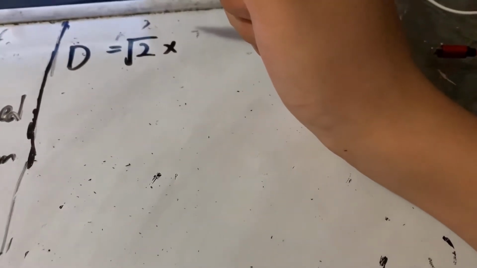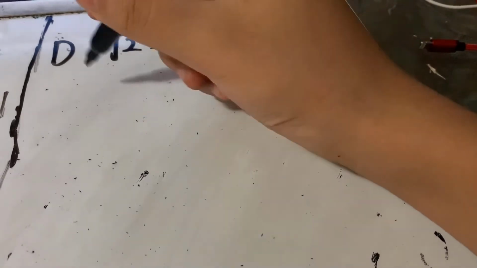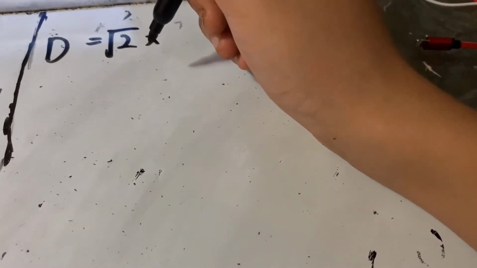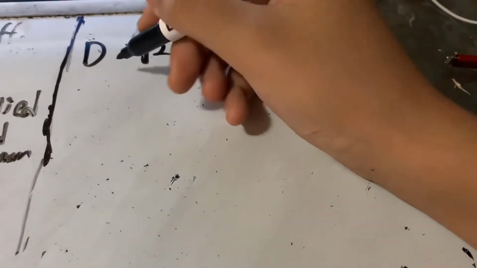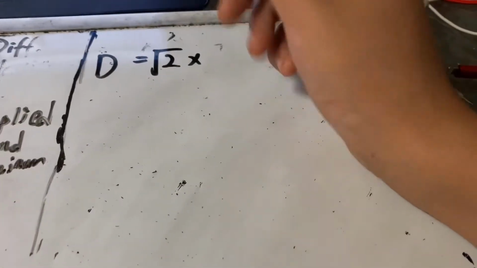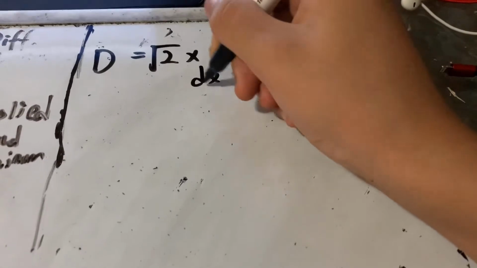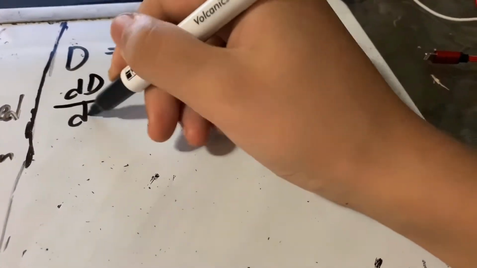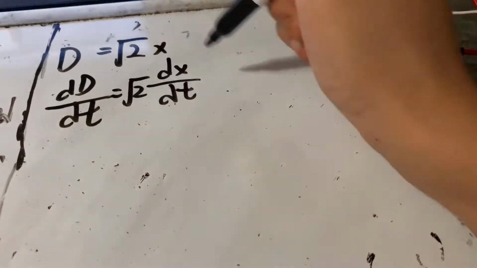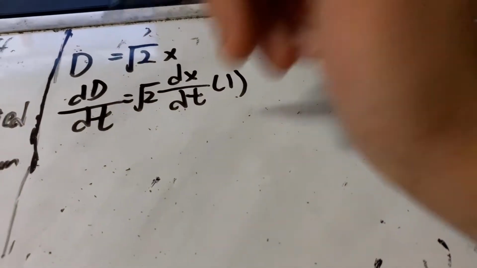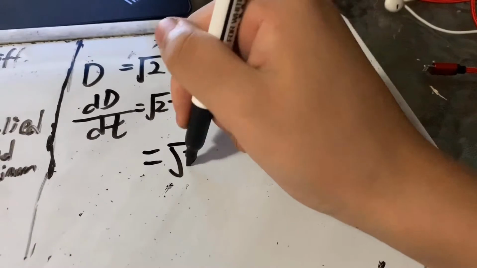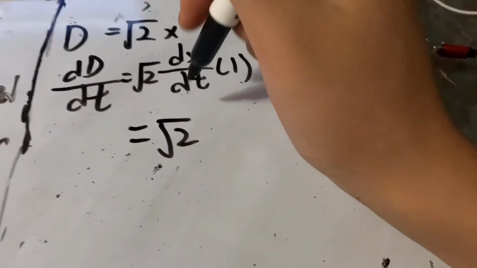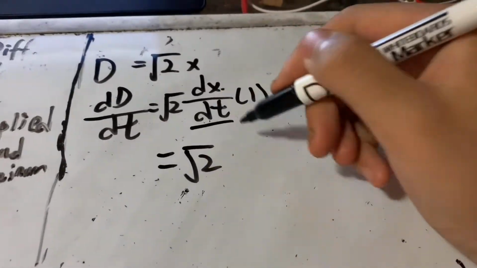Now we restate that. We add the dx/dt, and so the diagonal's dd/dt is equal to root 2 times 2. So here we get the change of the side of the square is 2.